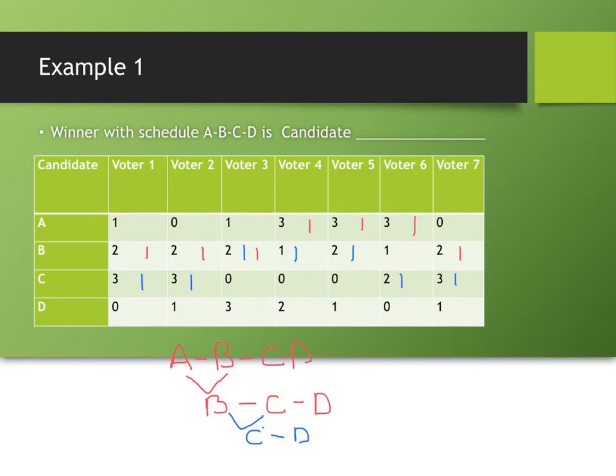And then if we look at C and D, let me write this one in green, I guess. So C and D. C wins that, D, D, D, C, C. So C wins 4 times, D wins 3, C wins. So candidate C wins overall. Okay.